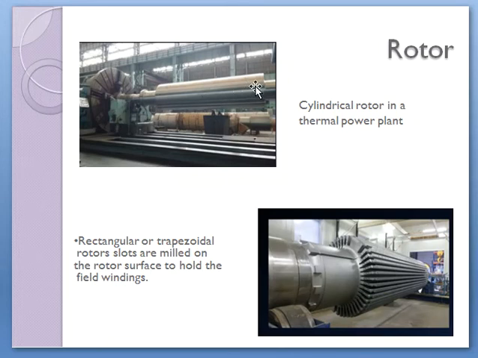In order to minimize the losses due to thermal stresses, heat, mechanical stresses and centrifugal forces during rotation, the rectangular or trapezoidal rotor slots are milled on the rotor surface. We can see on the outer surface, these are the slots to hold the field windings.